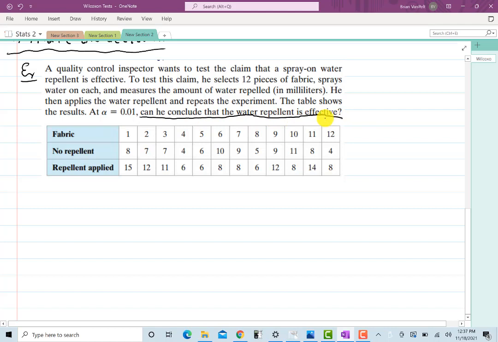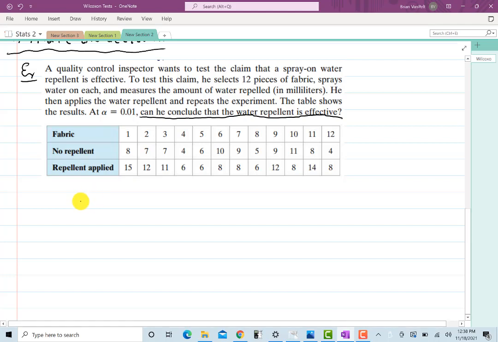If it's effective, that means that the amount of water that came off during the no repellent is less than the amount of water that came off with the repellent. See, look at this. No repellent had less water that came off than the repellent does. So we expect there to be something different. I don't know that it's going to be better or worse, but I expect it to be different.